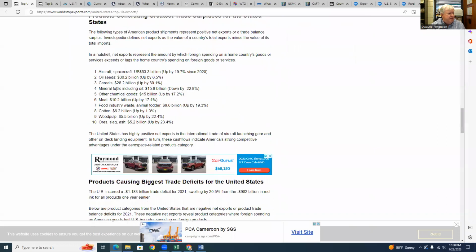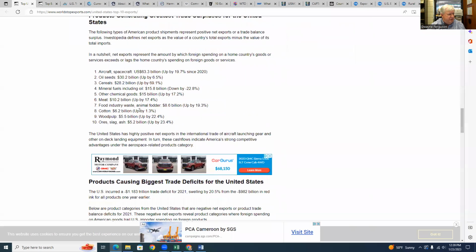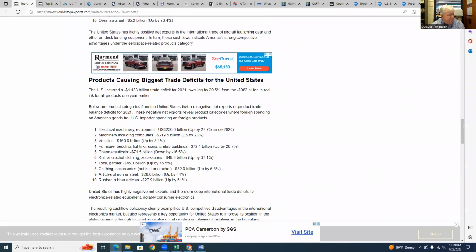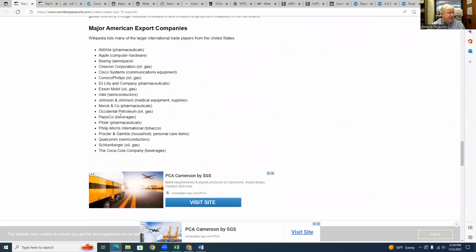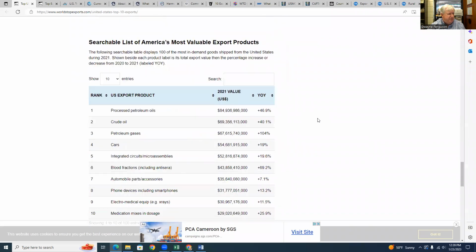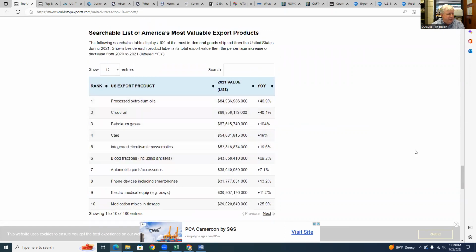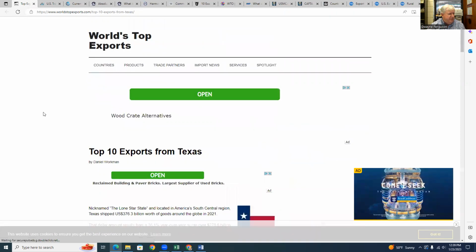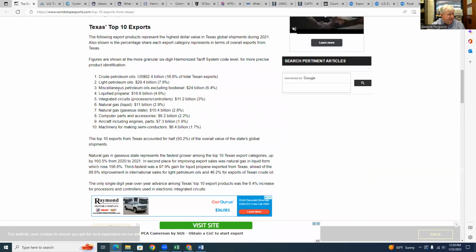But I've got all that listed here so you can see what the U.S. is doing, and then a little farther down where we have some deficits. Here are the companies that actually are involved in a lot of the exporting. So anyway, there's a lot of good information in here to kind of show you what's being exported out of the United States. If I go to this one, it is from Texas, so it might be more interesting to you.